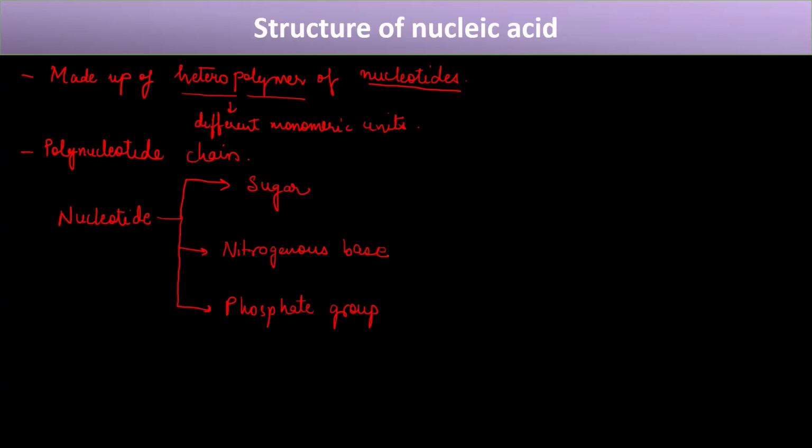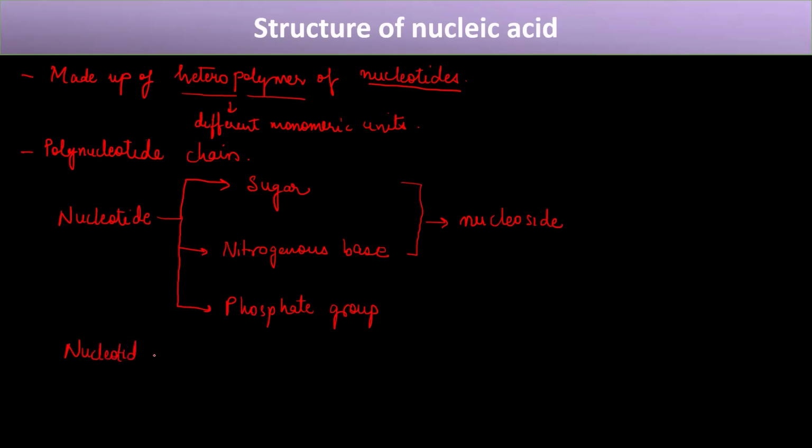Okay. One more thing, this sugar and nitrogenous base, they together are known by a different term, and that is known as nucleoside. Okay. So we can also write what is nucleotide.